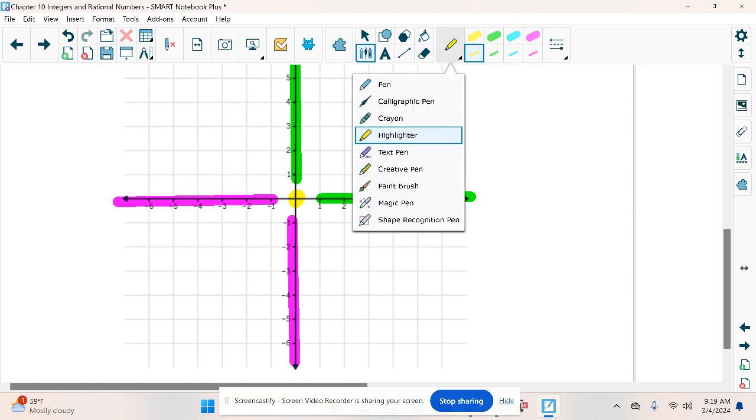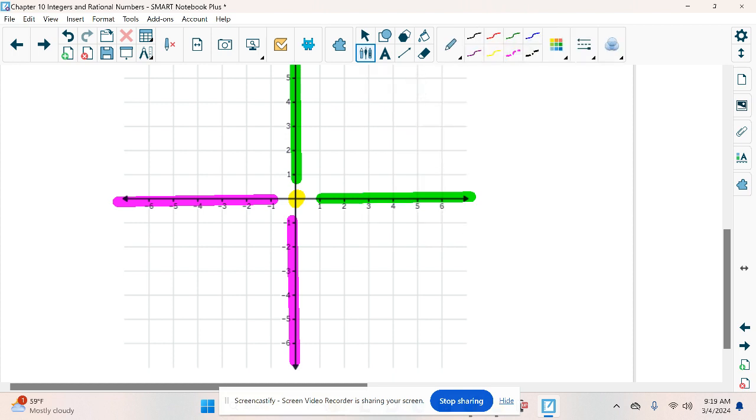Okay? It represents the location of 0, 0. But it has a special name. Will anybody guess what the special name is? It starts with an O. Yeah, it starts with an O. Origin.